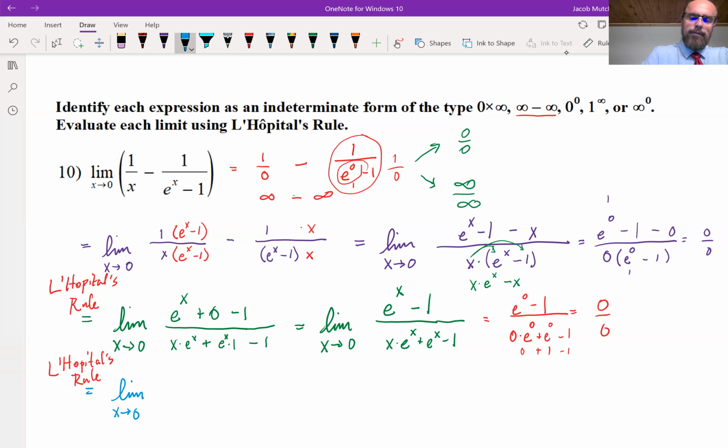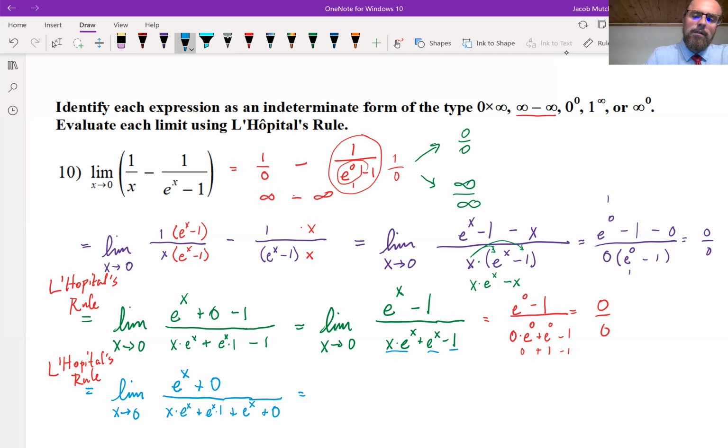So the derivative of e to the x is e to the x, and then the derivative of minus 1 is 0. Now I want to take the derivative of my denominator, so that's x times e to the x. So I got to use product rule, plus e to the x times 1. So that's the derivative of that first term. The derivative of e to the x is e to the x. And then the derivative of minus 1 is 0.